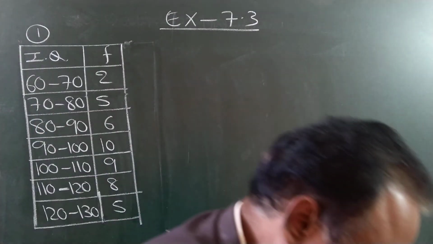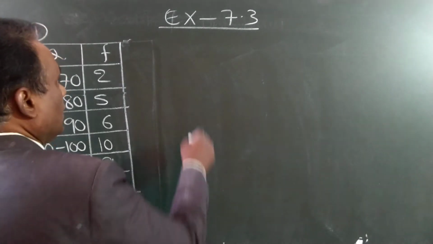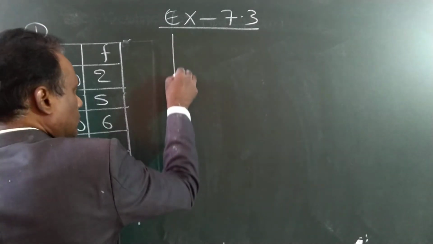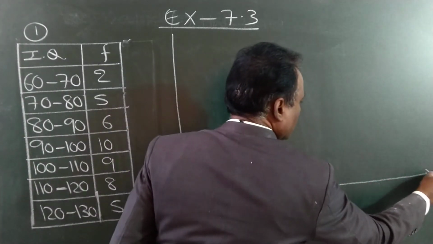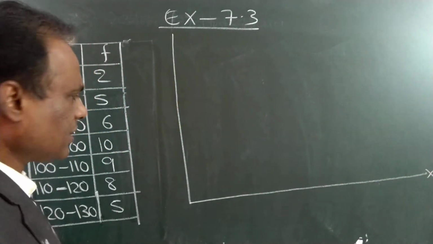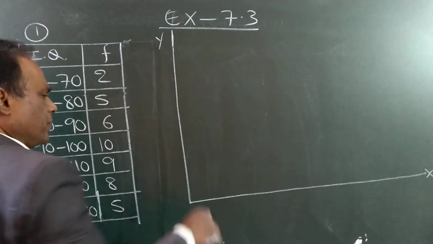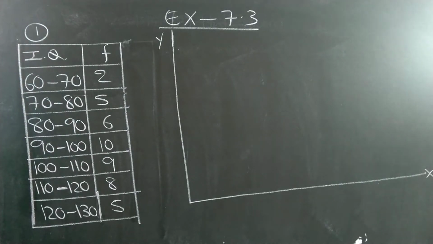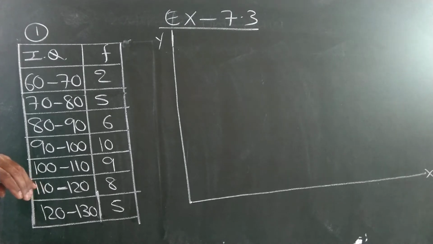See here students. Vertical line, horizontal line. Actually, we have to draw on graph paper. If graph paper is available, it will be well and good. Otherwise, you practice on graph paper later.